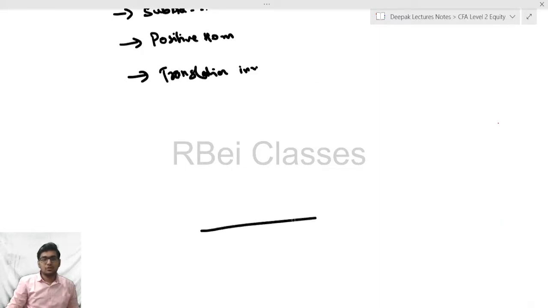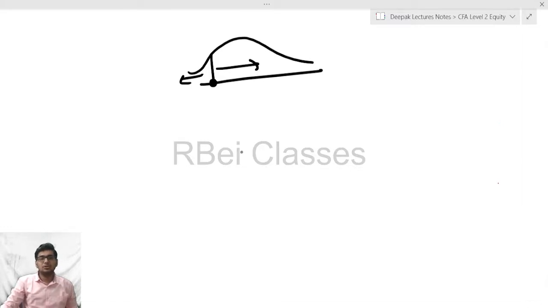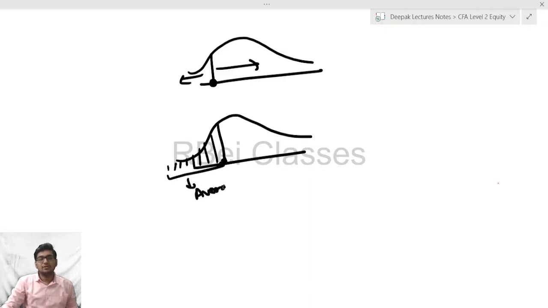Then VAR talks about the risk in the tails, but for a single point. It ignores everything towards the right, it ignores everything towards the left. Clear? Then the better solution for the calculation of the risk is the expected shortfall. If this is the point, then it will calculate the VAR of the tail at different points, and then it will take the average, where I am giving equal weights to all the values.